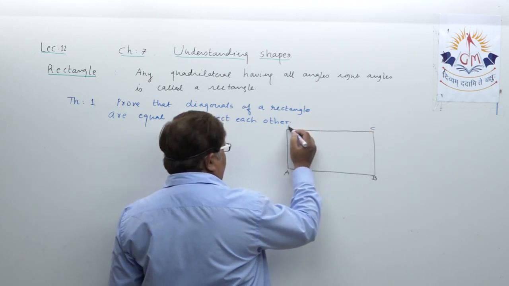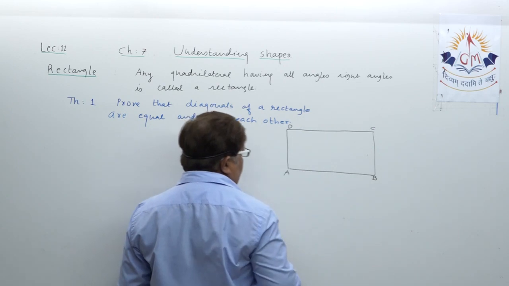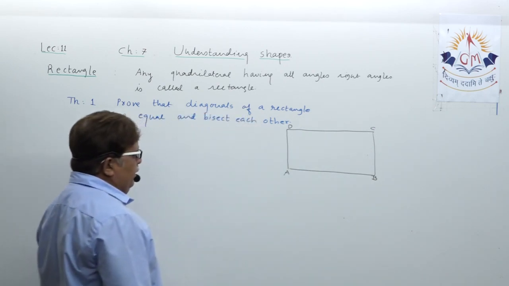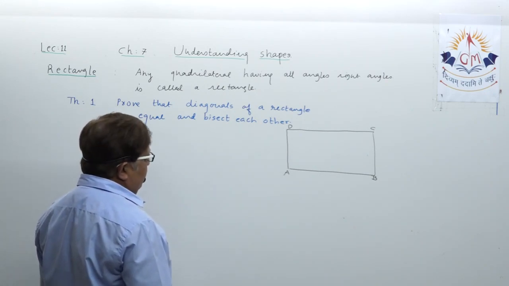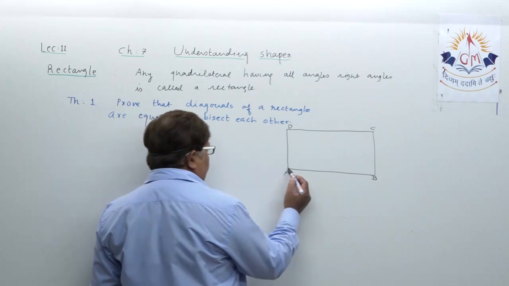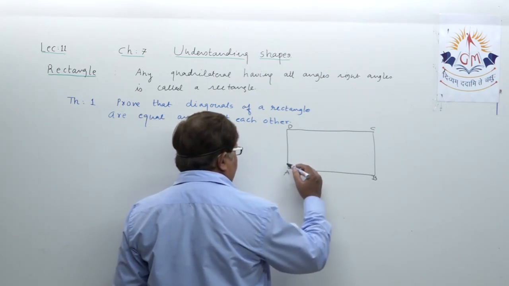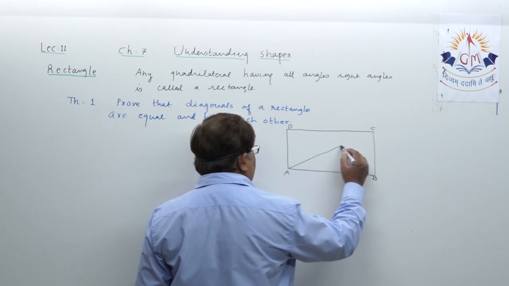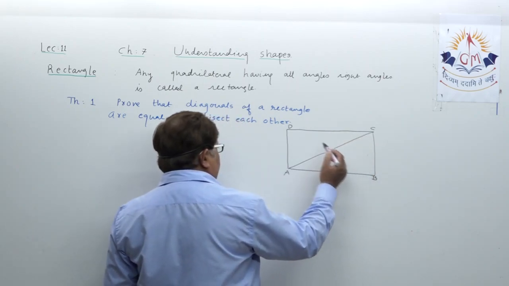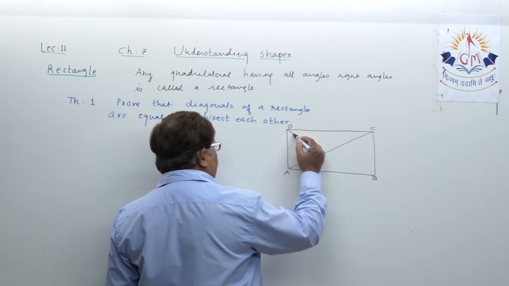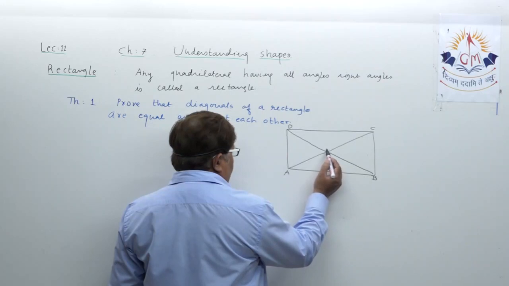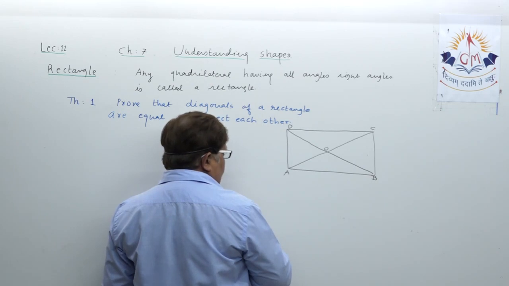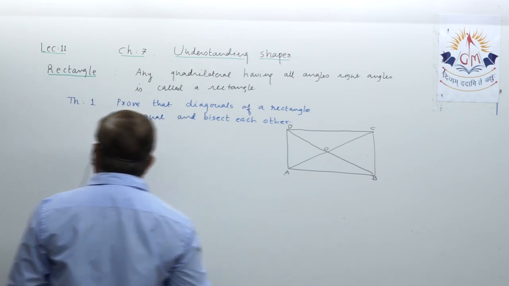Otherwise, you have to be ready for any label. This is rectangle ABCD. Understood? What you have to prove? Diagonals are equal. Let me draw both the diagonals here. One is diagonal AC, one is diagonal BD. Both are intersecting at point O. Understood?